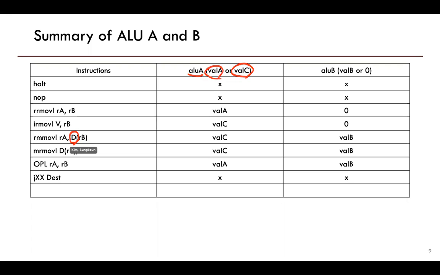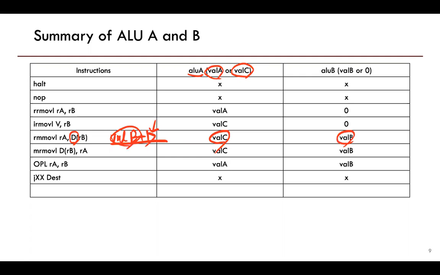Displacement is the value C. And for our RM move instruction, we need to calculate the memory address, which is the value of RB, which is val B, plus D. This is the memory address, and we need to add these two values using the ALU, right? Then we should select val C here, and then we select val B for ALU B.